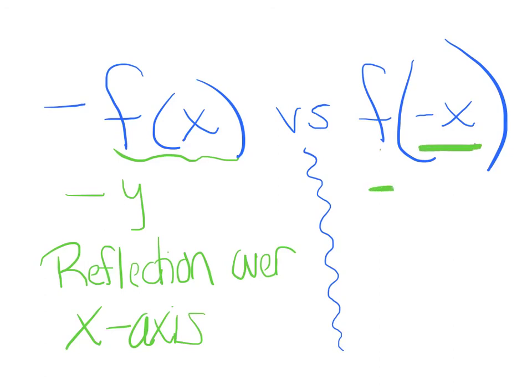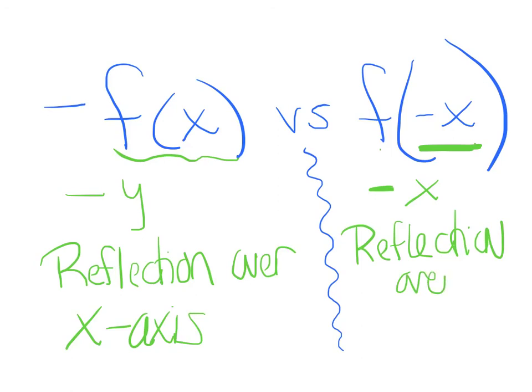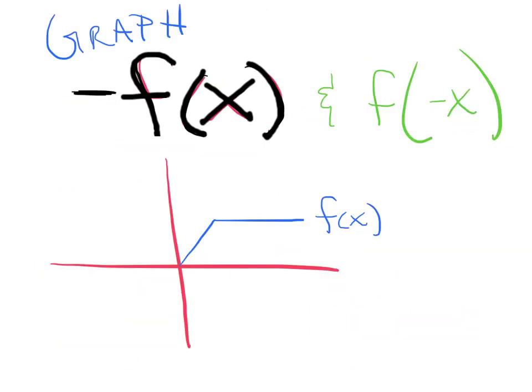This time I made the x negative, which means it's a reflection over the y-axis. Do you see how it does the opposite variable? If you make the y negative, you reflect over the x, and if you make the x negative, you reflect over the y.